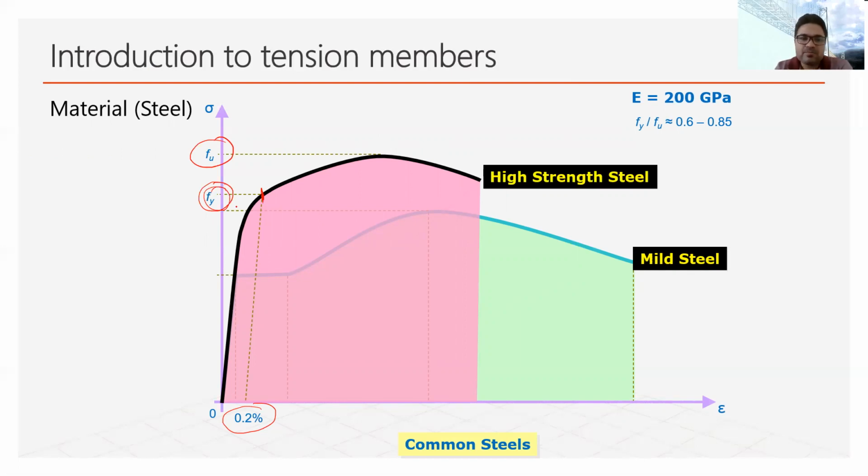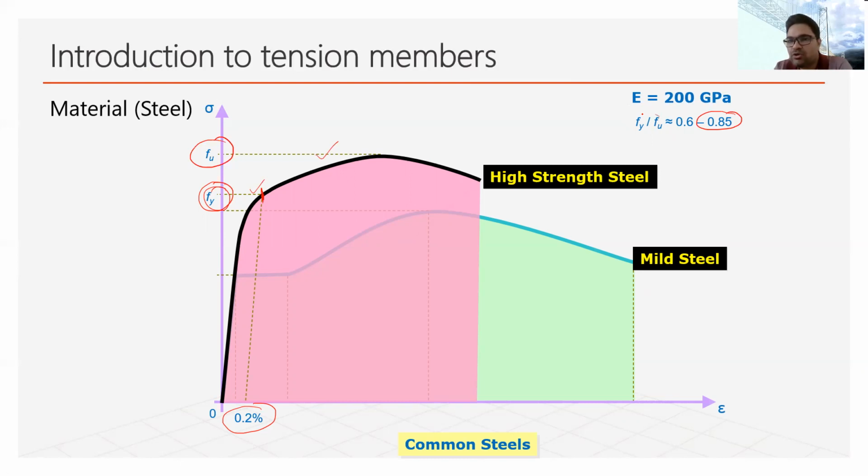Also, the distance between Fy and Fu is less in high strength steel, and that is why the ratio Fy by Fu may be up to 0.85 or 0.90.